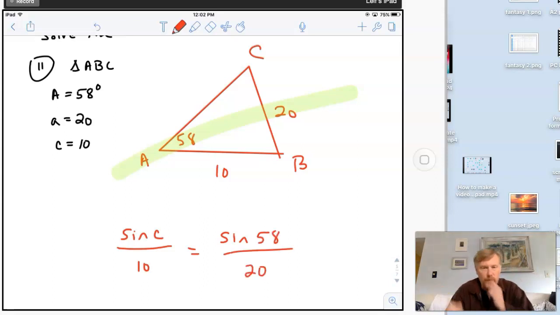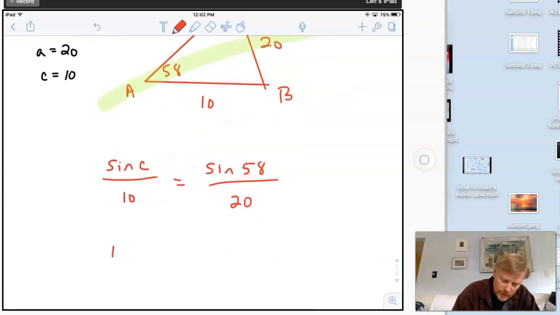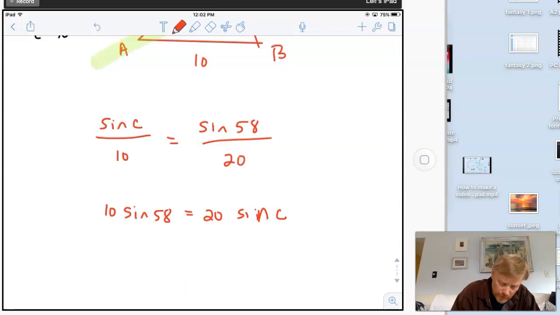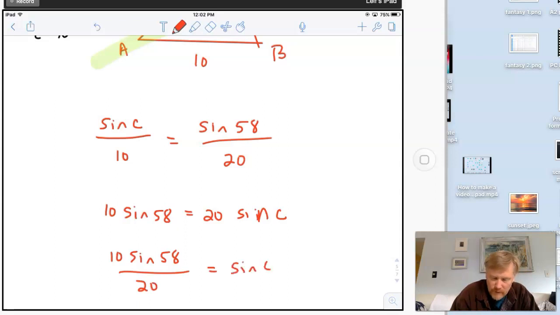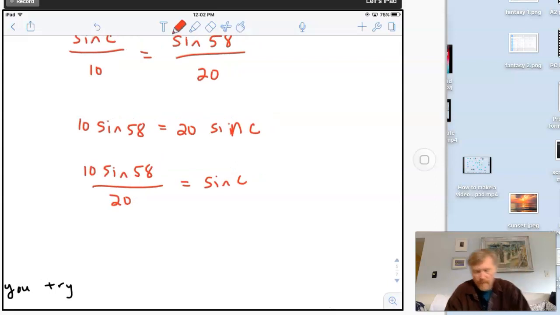So this is my first ratio, okay? Now I'm going to cross multiply, and when I do that I get 10 times the sine of 58 equals 20 times the sine of C. Now you can divide by 20, so 10 sine of 58 divided by 20 equals the sine of C. What's different about this one is I'm missing the angle, which means I'm going to turn that whole thing into a decimal and then do the inverse sine.